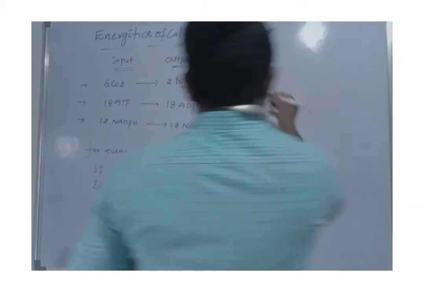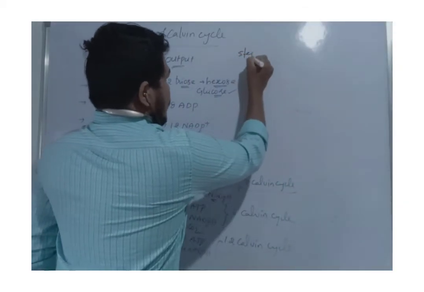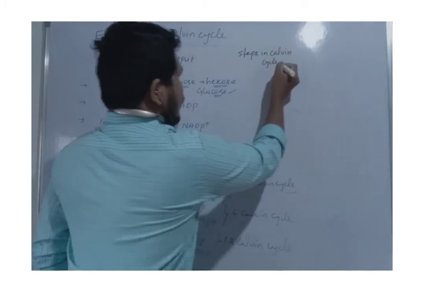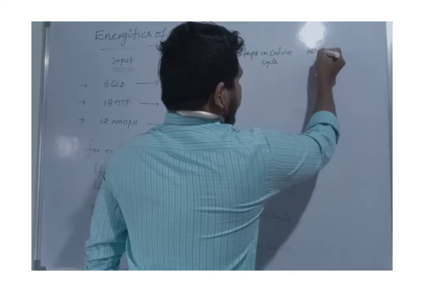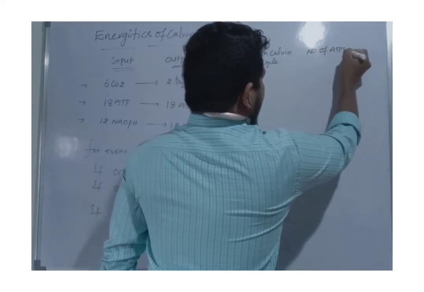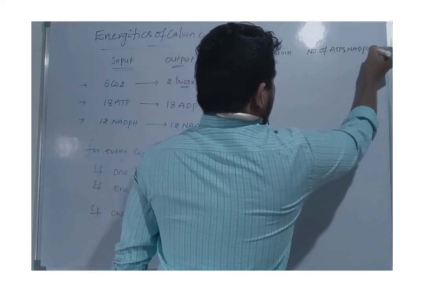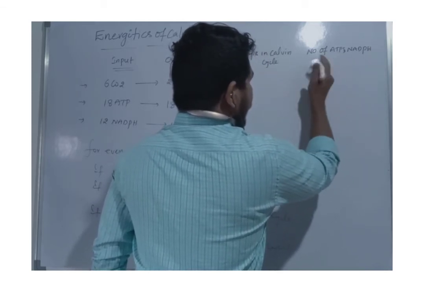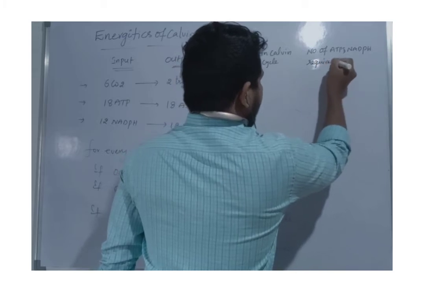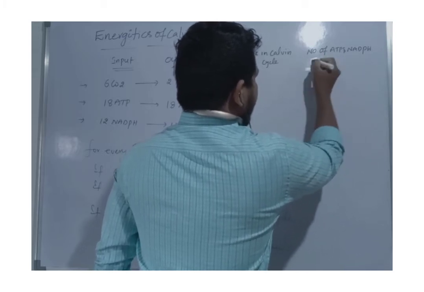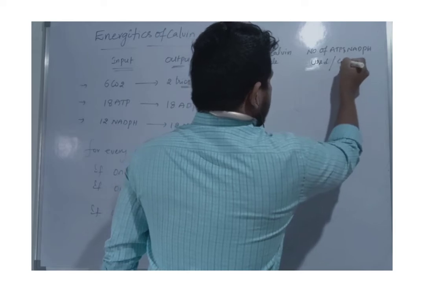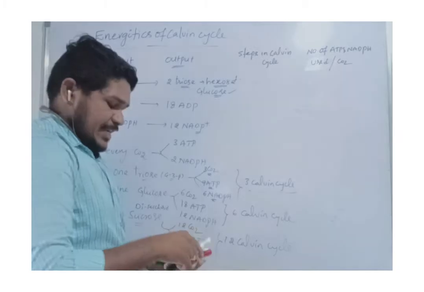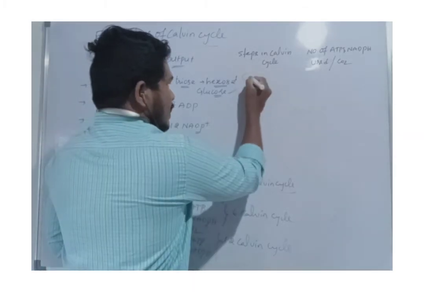So here, the steps in the Calvin cycle and the number of ATP and NADPH used per CO2. The first step in the Calvin cycle is carboxylation.